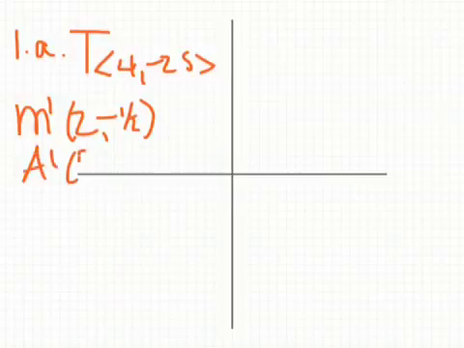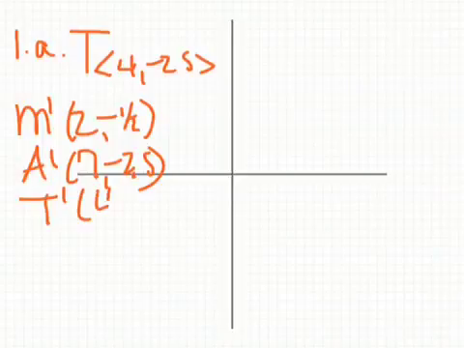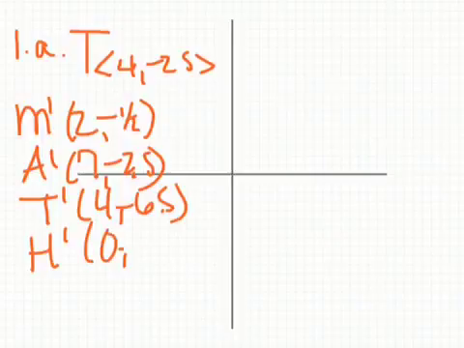A prime is 7, negative 2.5, T prime is 4, negative 6.5, and H prime is 0, negative 4.5.